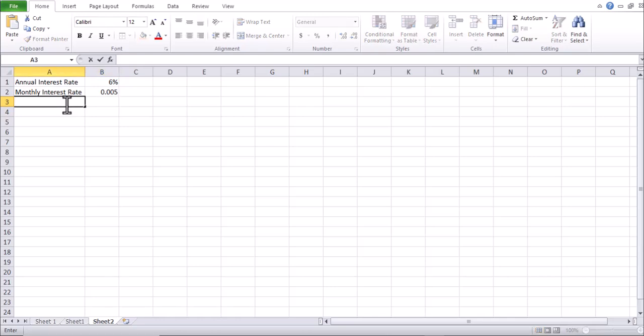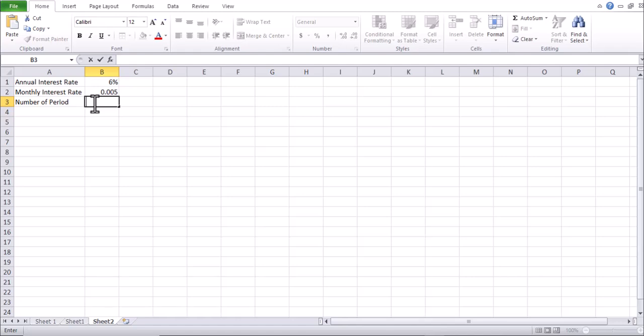Next, we need to figure out the number of periods. The number of periods is actually the number of payments that you're going to make. Let's say you're paying every month, and the loan is for 5 years.